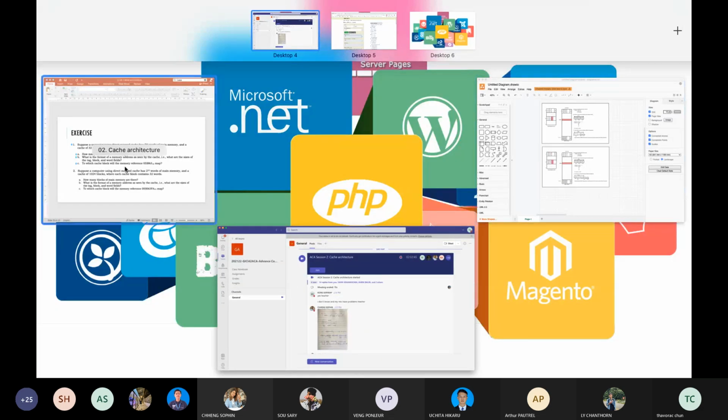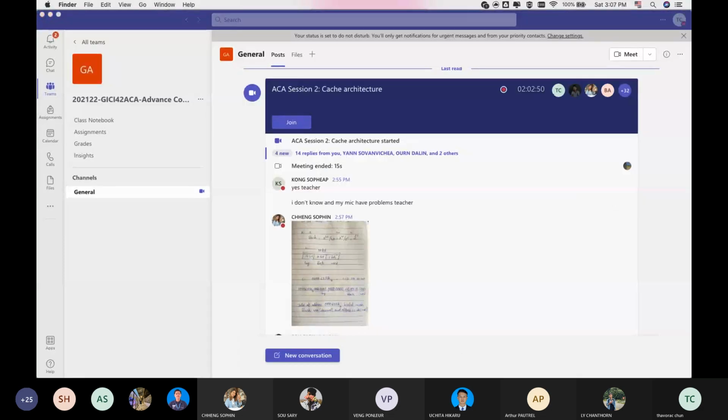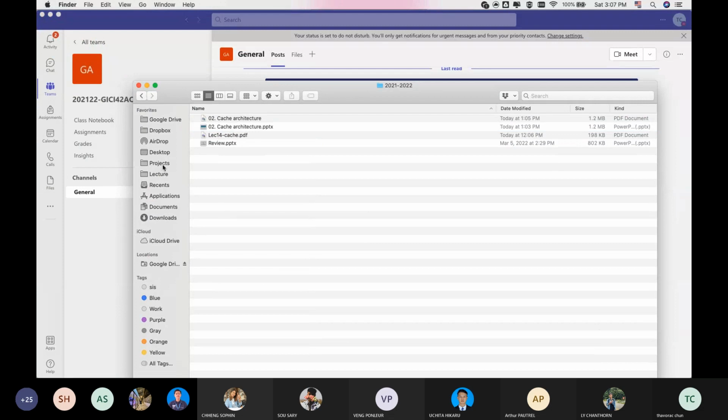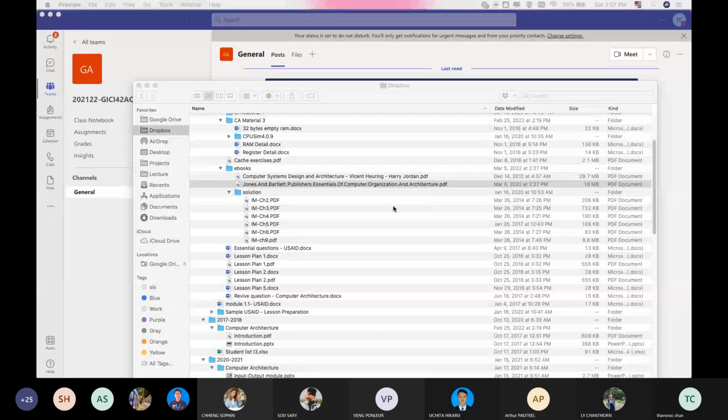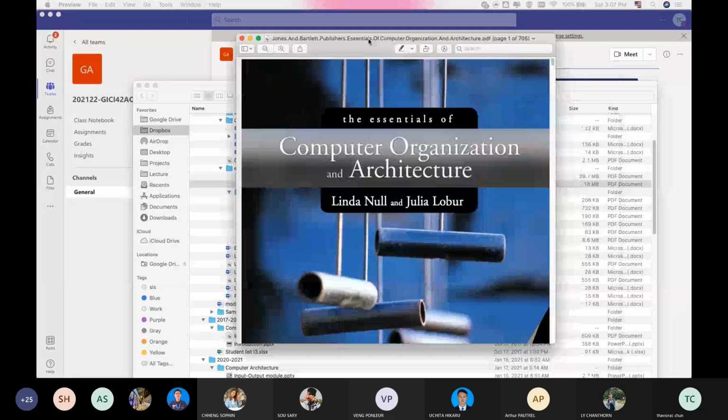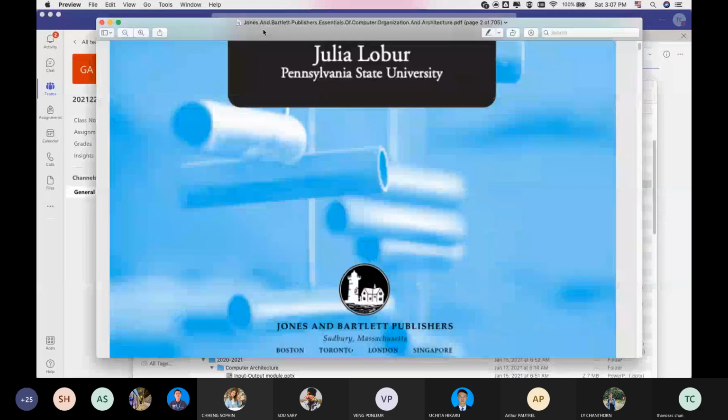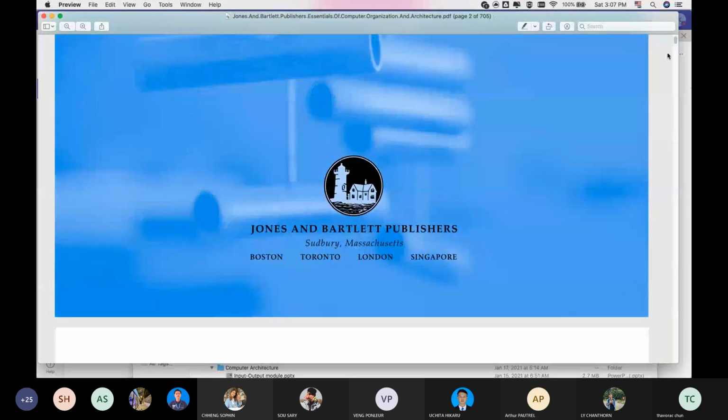I already put the ebook inside, the Jones and Bartlett one here. You can find the exercise on page 200.